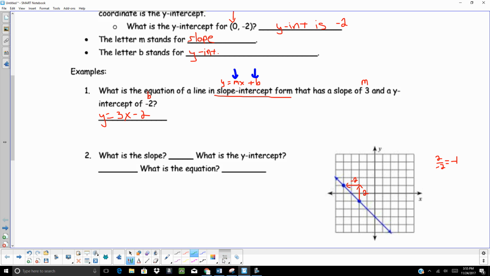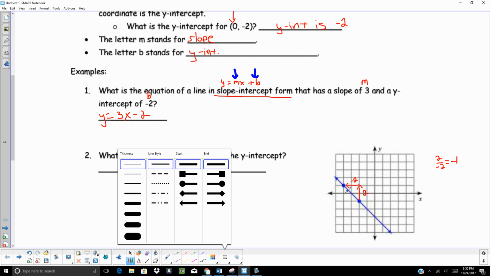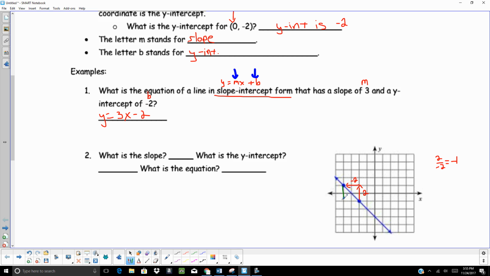If I'd wanted to, I could have started at the other point. I could have gone here and gone down 2. And that would have been -2 because I'm going down. Right 2. In that case, my rise would have been -2 over 2, which is still -1. So my slope is going to be -1.